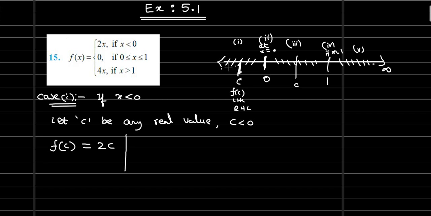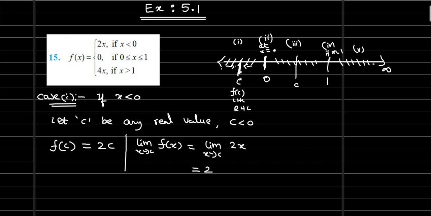Any value which lies close to c on the left hand side as well as the right side are both less than 0, so we have to choose the first function only. For both the left hand limit and right hand limit, in place of f of x we replace 2x. Instead of finding them separately, we can combine and do it together. Limit as x approaches c of f of x, with the suitable f of x being 2x, the first function, is limit as x approaches c of 2x.